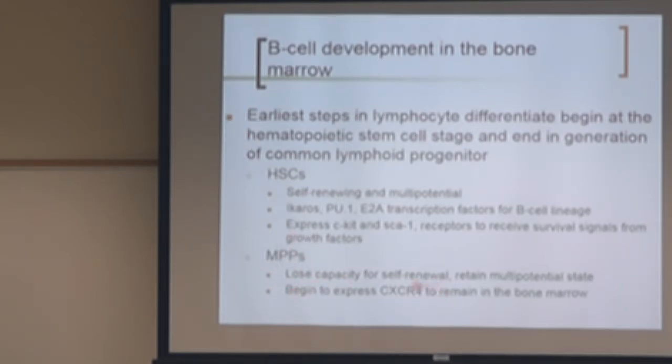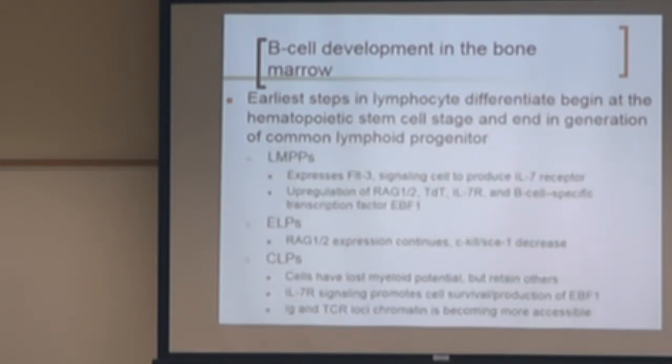They lose the capacity of self-renewal, so these are no longer stem cells because they can't self-renew, but they still can become lots of different cells. They begin to make CXCR4 that helps them remain in the bone marrow. Then you get these LMPPs, and these express FLT3 and start to produce IL-7 receptors. So they now have the receptor.